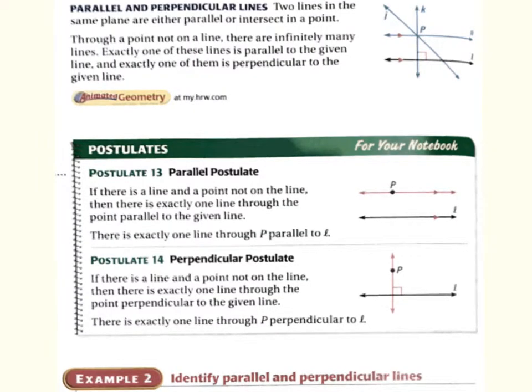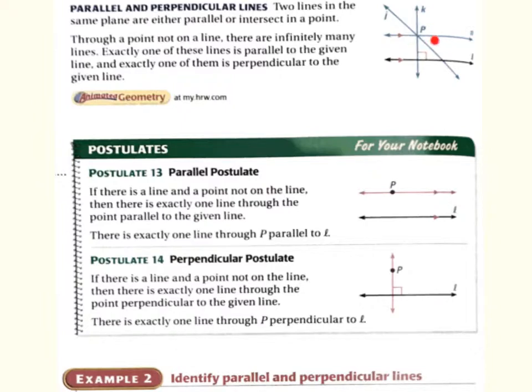Okay, so next we're talking about parallel and perpendicular lines in a plane. You can see with our little diagram here, we have this given line, which is L. We also have this point up here, P. And you can see what they're saying here: through a point not on a line, there are infinitely many lines.